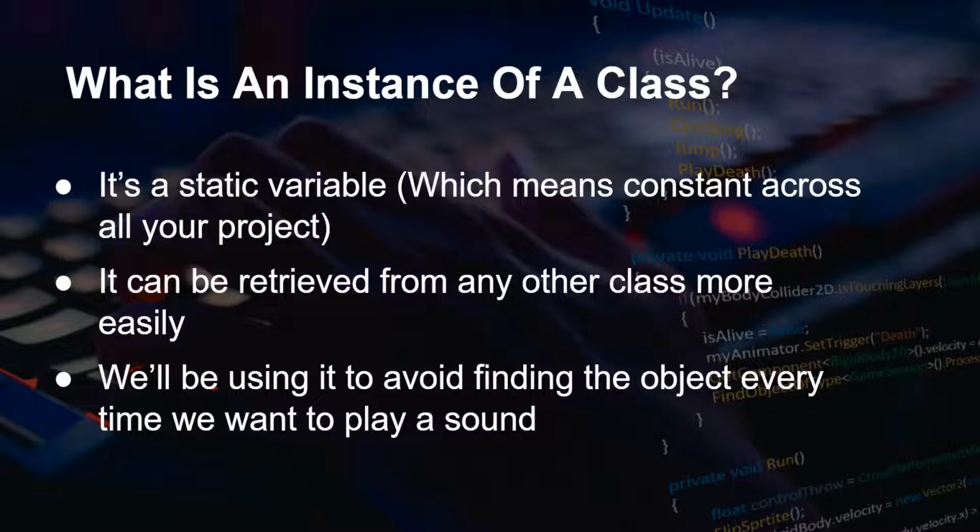Are you going to go and find the audio manager every time that you want to stop a sound effect? Well, of course you can do that, but eventually it will take a toll on your program and on Unity, and your game will start crashing. And it's actually harder to type in find game object of type and so on every time. So we'll create an instance that will instantly get us our audio manager.